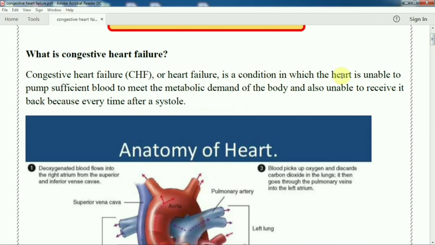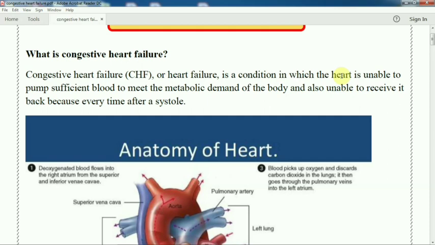The myocardium is responsible for contraction, and the SA node or pacemaker is responsible for generating pulses. So the heart is unable to pump sufficient blood to meet the metabolic demand.